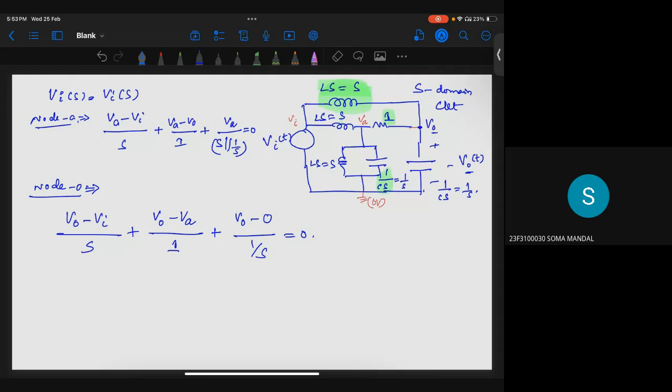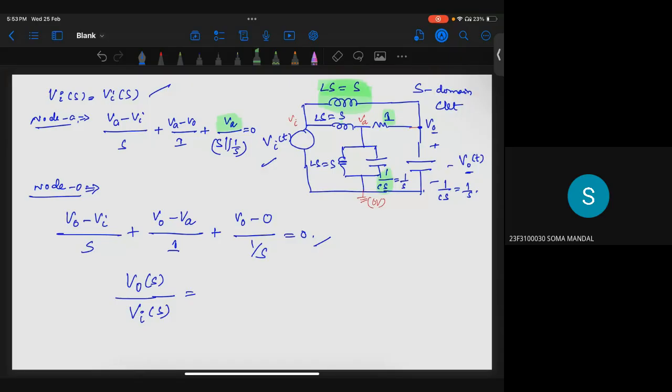You can solve these equations and find the overall expression, that is V naught of S by Vi. I'm directly giving this expression. You have these three equations, and in these equations only Vi is the variable; you require V naught and Vi.